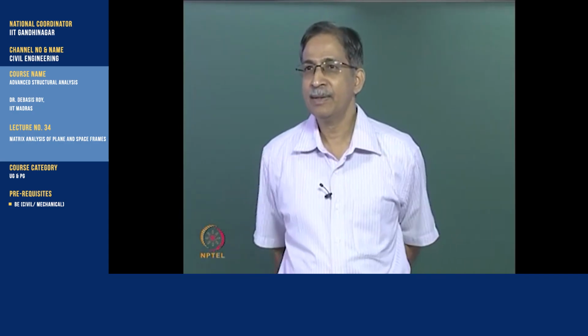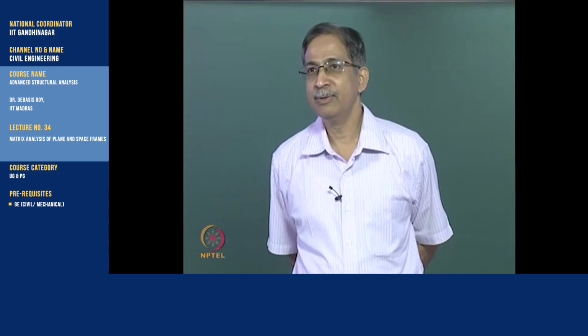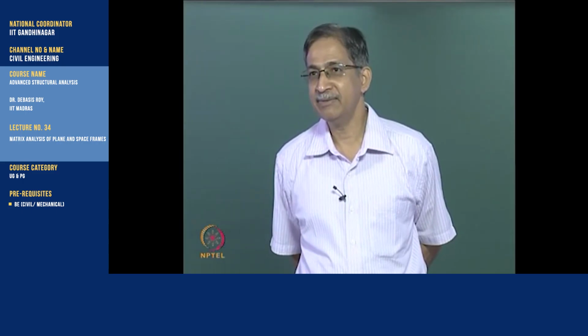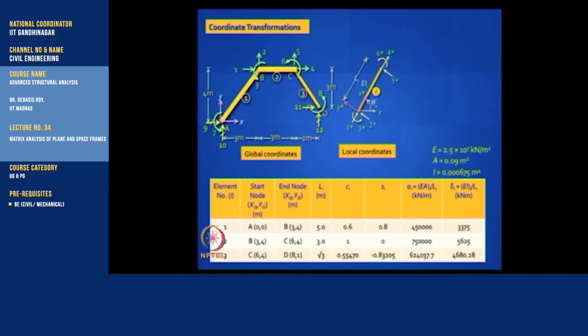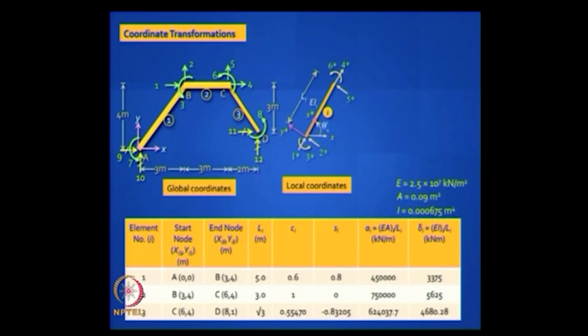So we did one problem of that variety, let us do another problem using TD, and otherwise the method is the same. As you rightly pointed out, we have 8 active degrees of freedom. I have marked them there in green color, and you have 4 restrained degrees of freedom. You can identify your start nodes and end nodes for the 3 elements. You could draw the 3 elements separately, or you could choose to draw a typical element and generate the matrix.